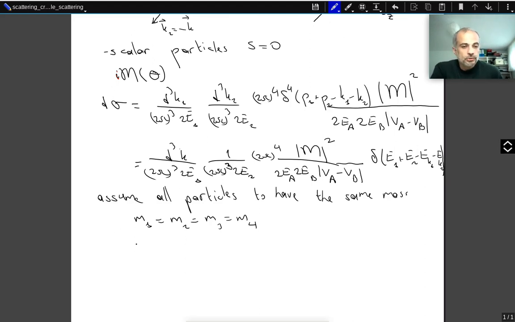So I will also call E1 plus E2 the energy, sorry, this is EA, EB in the notation I used.